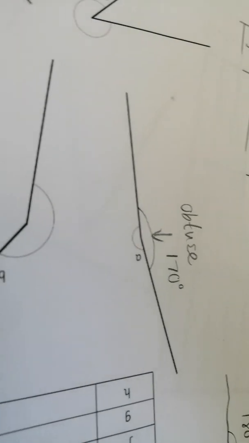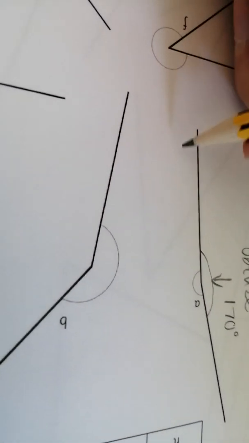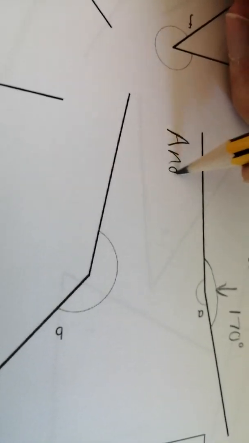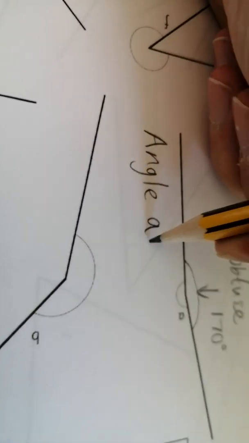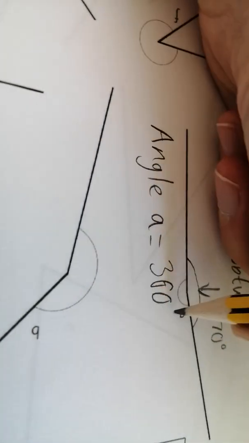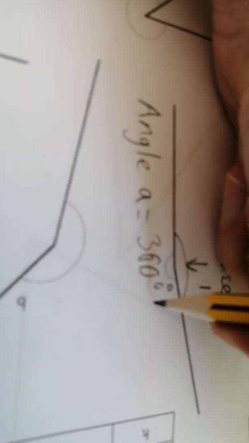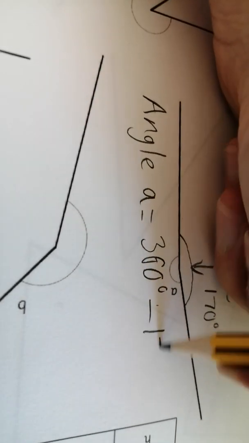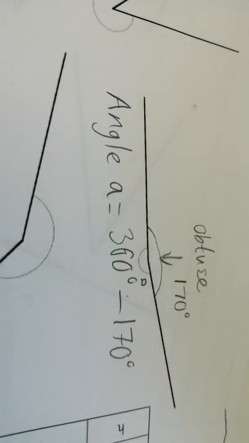So to work out the reflex angle size, we can use the measurement we've used, and subtract it from 360 degrees. So, angle A equals 360 degrees, which is a full turn, take away 170 degrees.